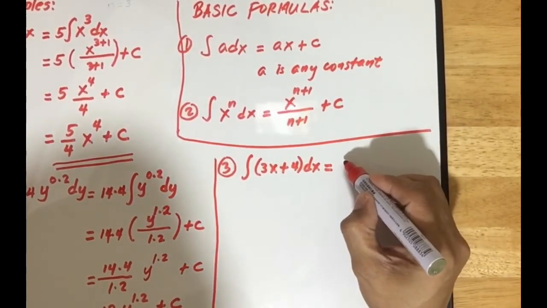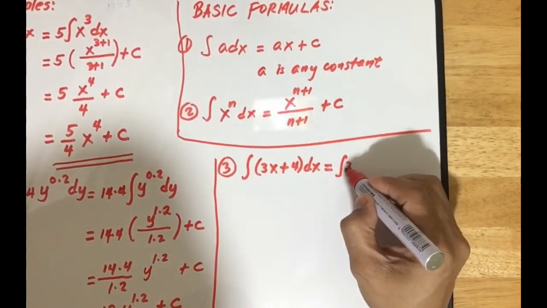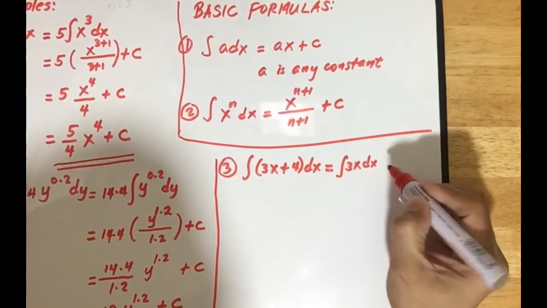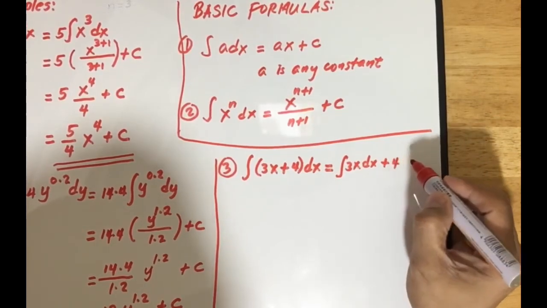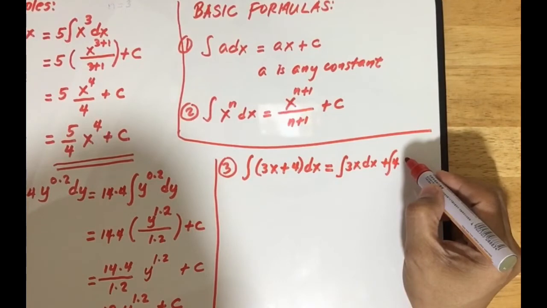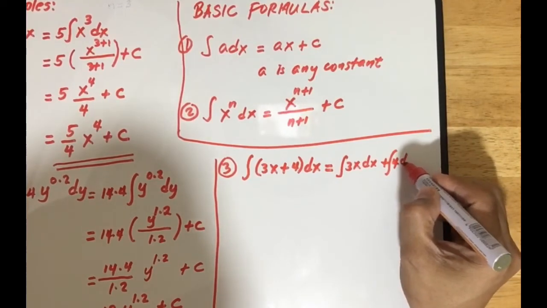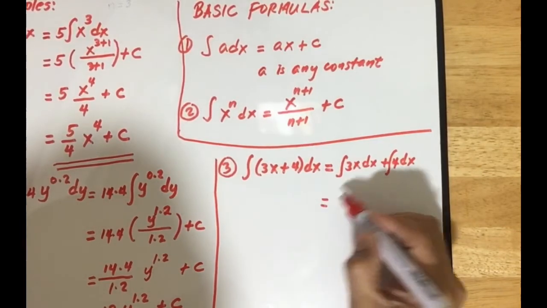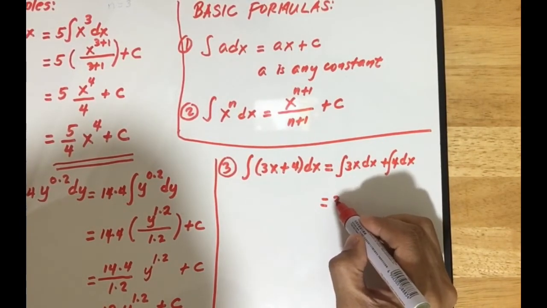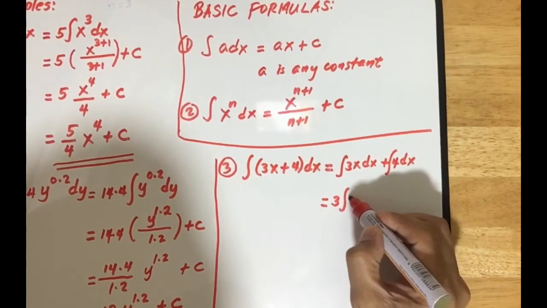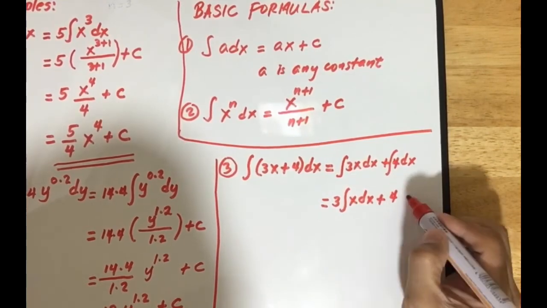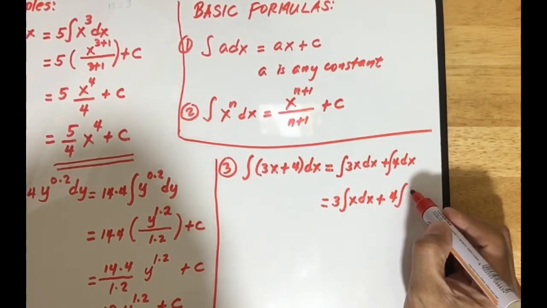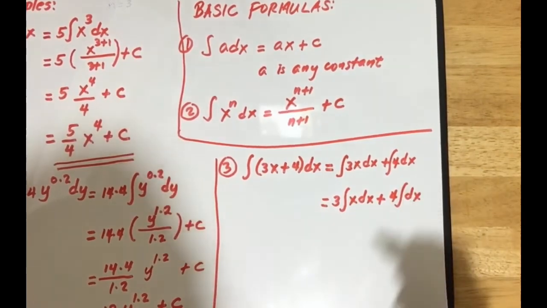We can rewrite this as the integral of 3x dx plus the integral of 4 dx. Or you can segregate or isolate the constants. So we have the constant 3, put it outside, then x dx, plus the constant 4, put it outside, times the integral of dx.